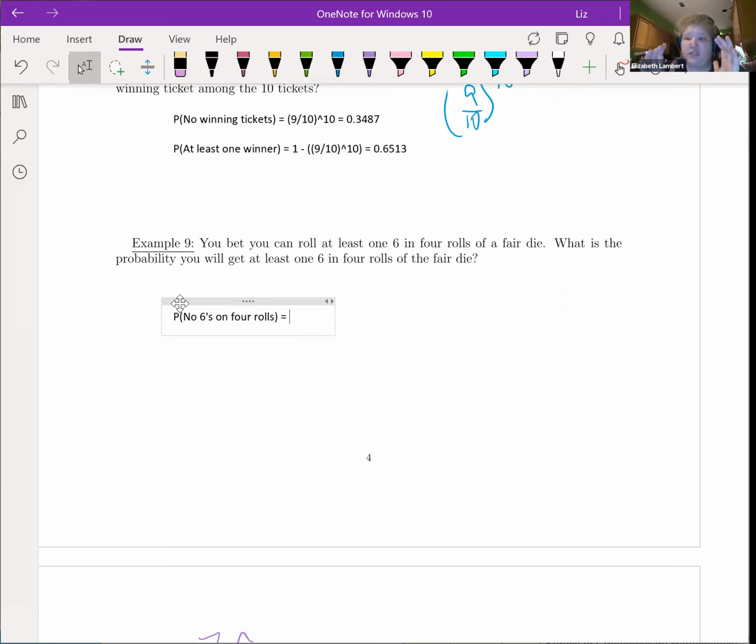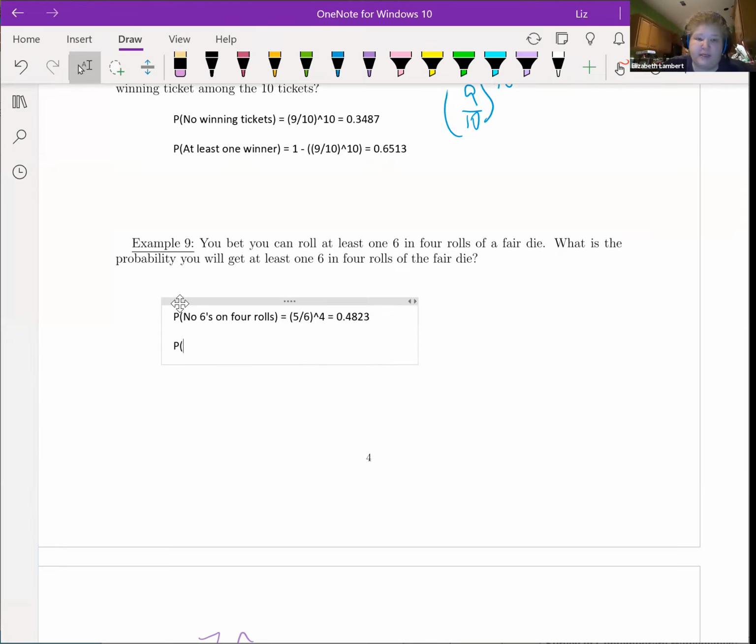So no 6 on the first roll is any of the other 5 out of the 6 possible. So that is a 5 out of 6 chance. And it is the same for the other 3 rolls. They're independent. So I'm just going to write to the fourth here. All right.